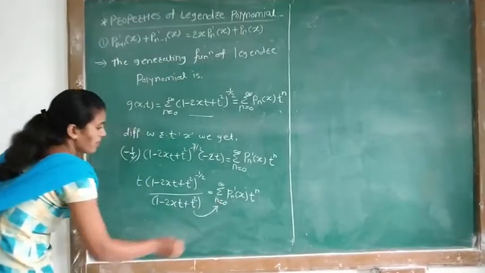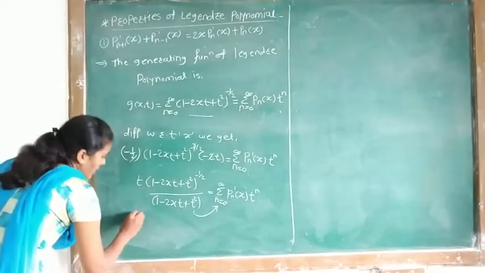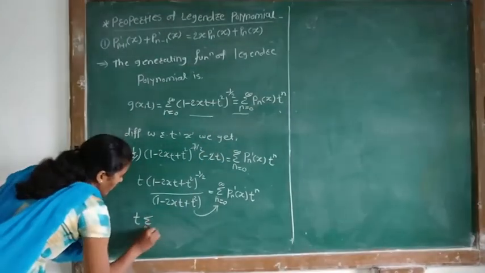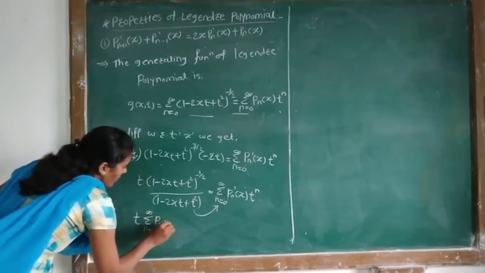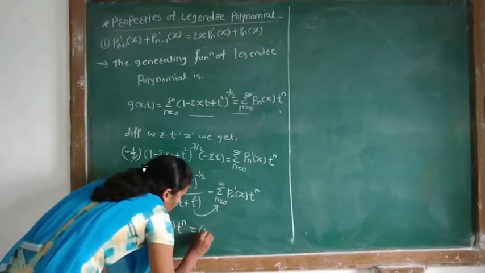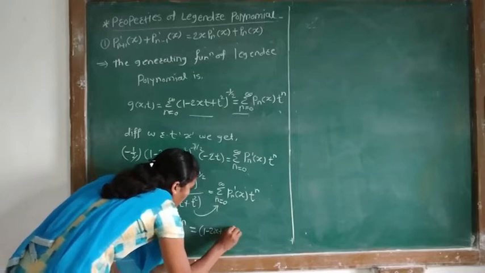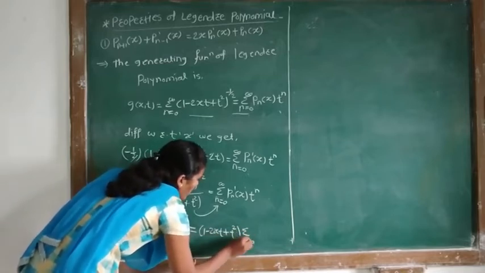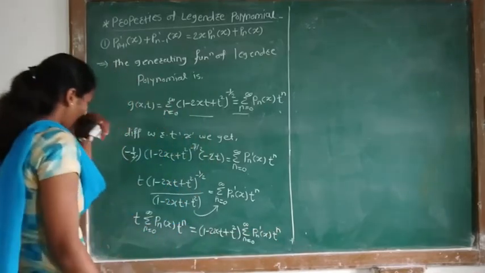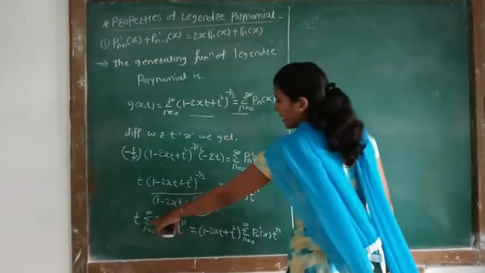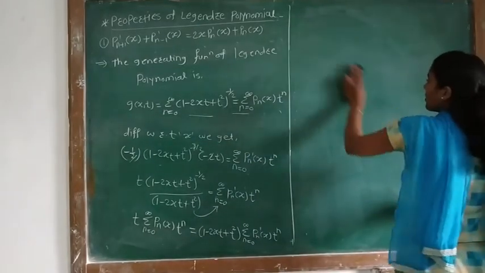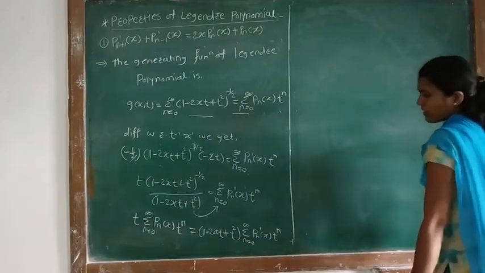Now take this term to the other side. This is t into 1 minus 2xt plus t square raised to minus 1 half, which is the generating function. Summation over n is equal to 0 to infinity Pn of x t raised to n, equal to 1 minus 2xt plus t square into summation over n is equal to 0 to infinity Pn dash of x t raised to n. Now multiply t raised to 1 and t raised to n, which is t raised to n plus 1.